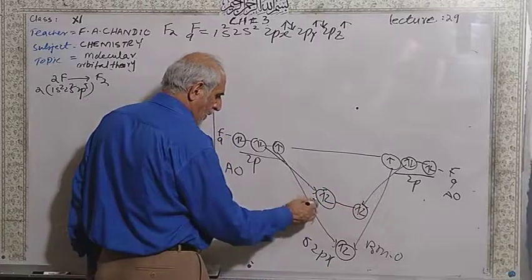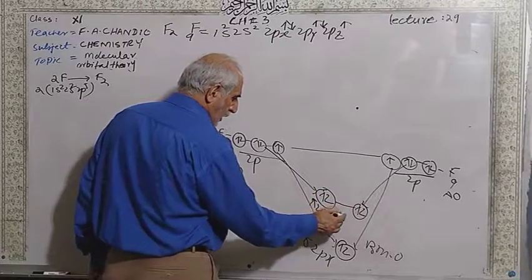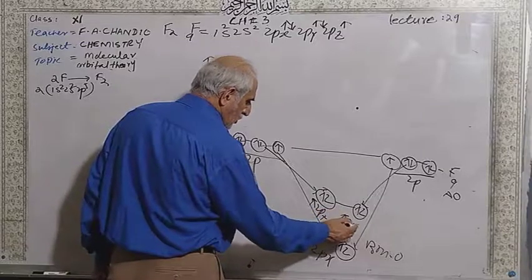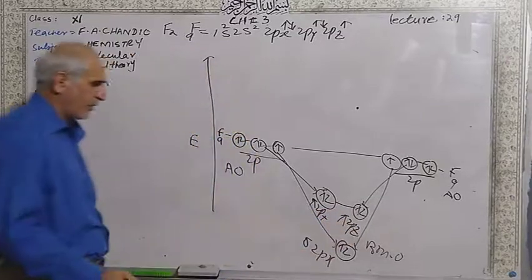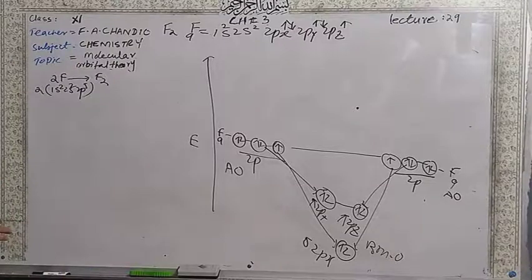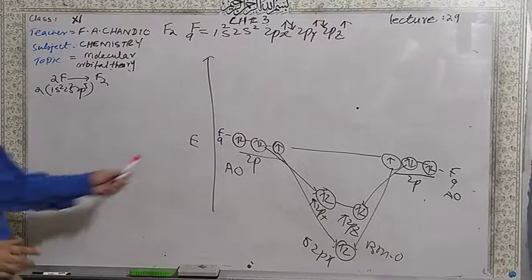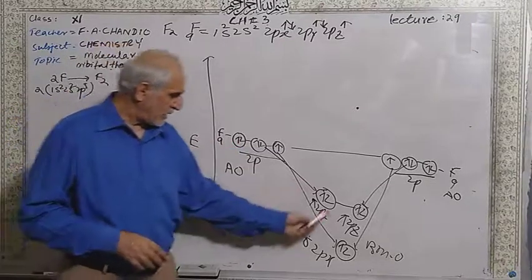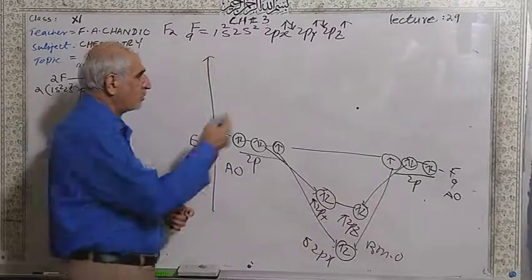This is pi 2py, and this is pi 2pz. Pi 2py and pi 2pz. So 5, 5, 10, 6 we accommodate here.